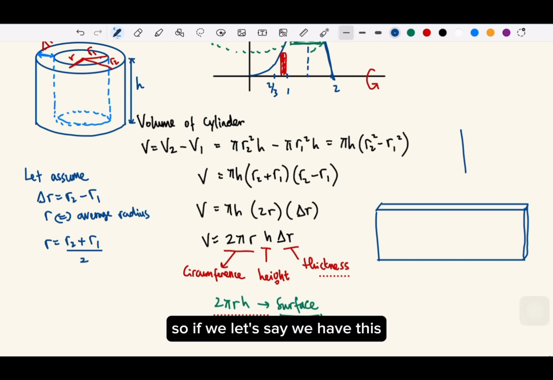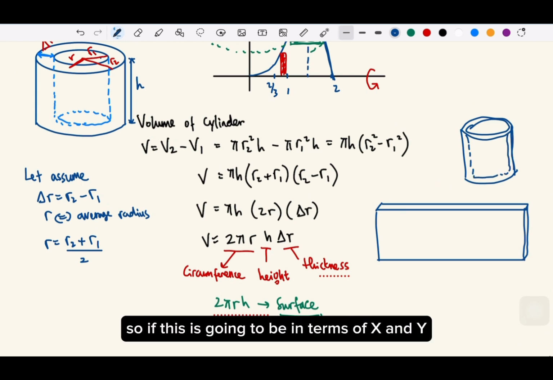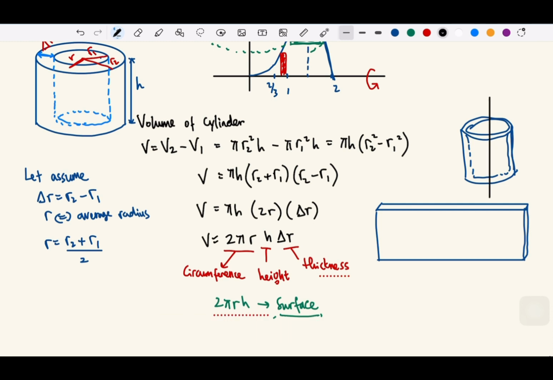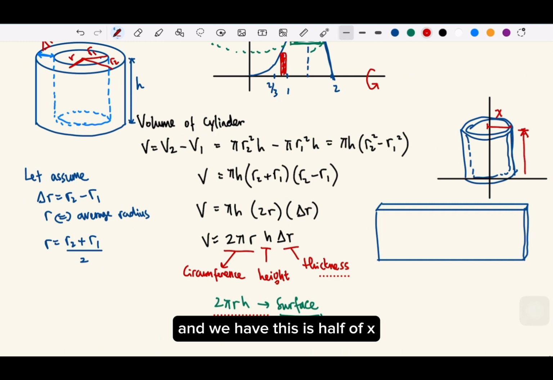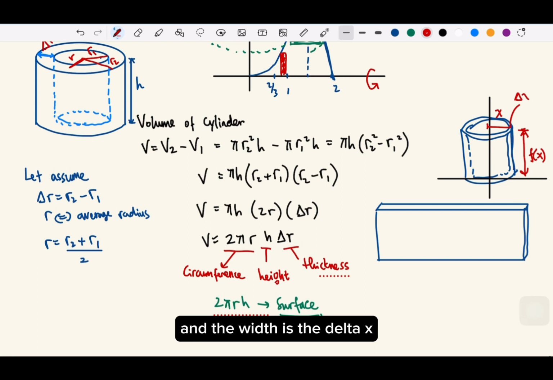Okay. So if we, let's say we have this, so if this is going to be in terms of x and y, so if the radius is, the average radius is x, and we have, this is f of x, and the width is the delta x.